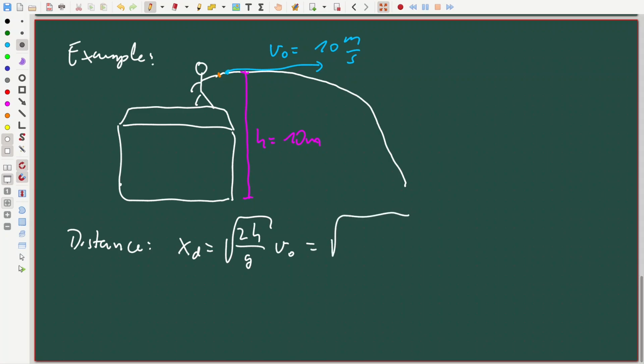And when we do that, our height h is 10 meter. And here we can write g as 10 meter per square second, as I said last time, times 10 meter per second.